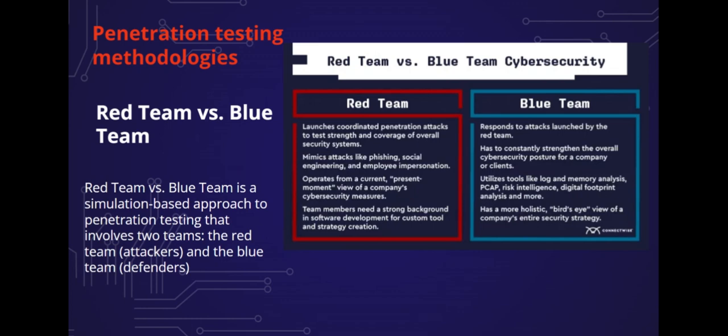So the blue team is a good team and the red team is a bad team. This methodology provides a realistic scenario for testing security, attacking and defending, to test security controls and also incident response capabilities. So take a look at the diagrams and read the differences between the red team and the blue team, and go ahead and take notes and write them down in your pad.